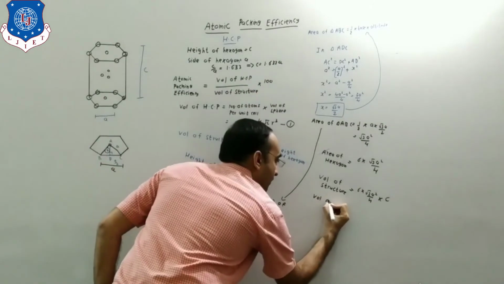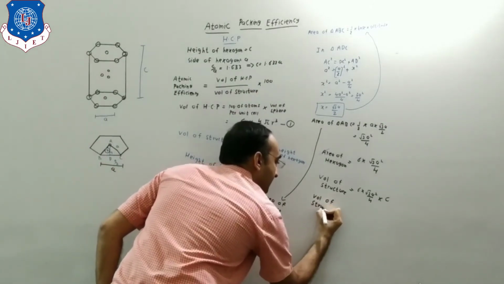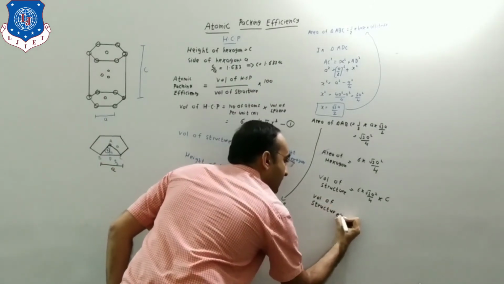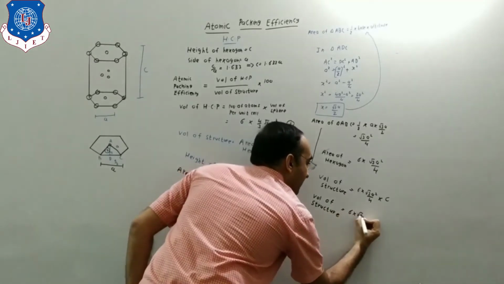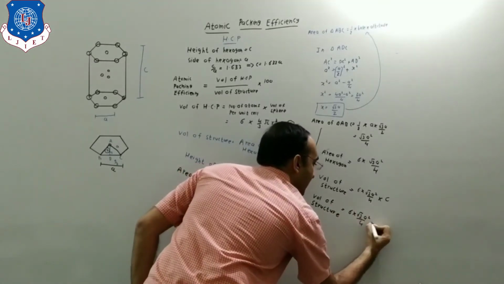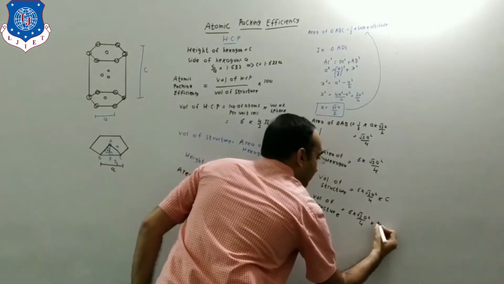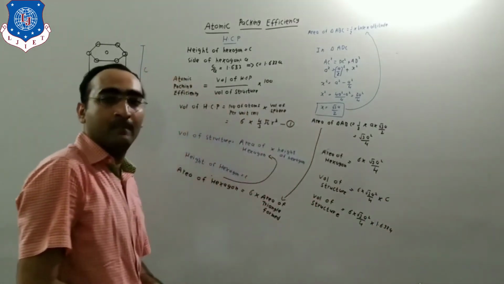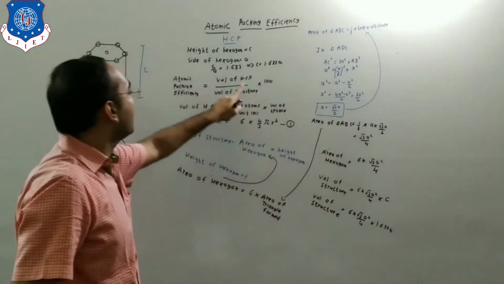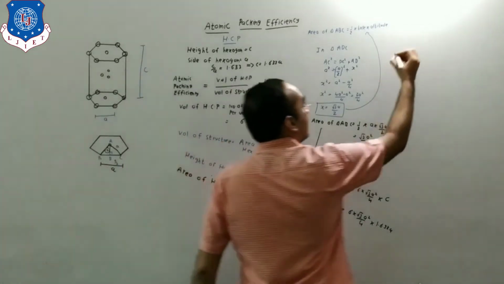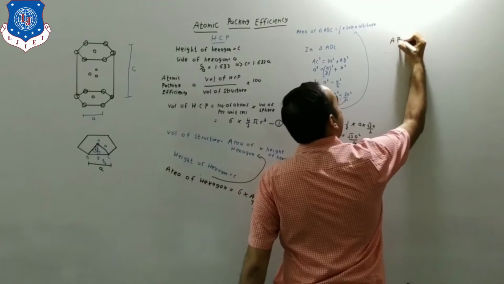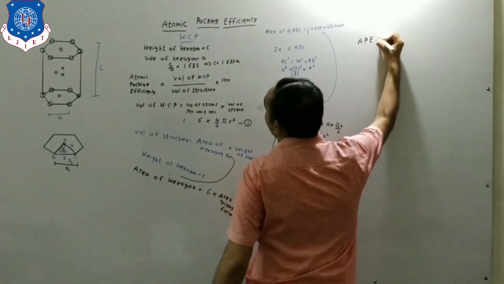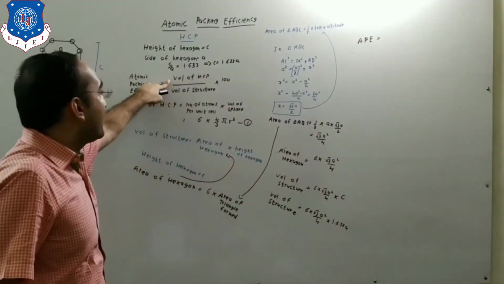So volume of structure will be equal to 6 multiplied by root 3 a square by 4 c, that is 1.633a. Now put the volume of the structure in our original formula, that is atomic packing efficiency will be equal to volume of HCP.